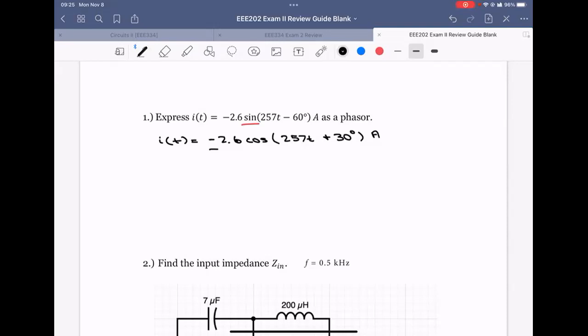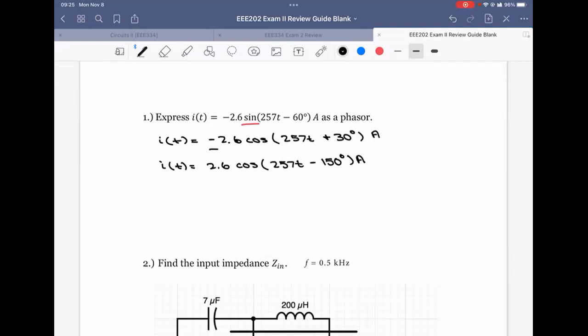Here I would subtract 180, because if we added 180, we go out of those bounds I was mentioning, into 210 degrees. So I would go i(t) equals 2.6, so the negative goes away, cosine of 257t minus 150 degrees amps.